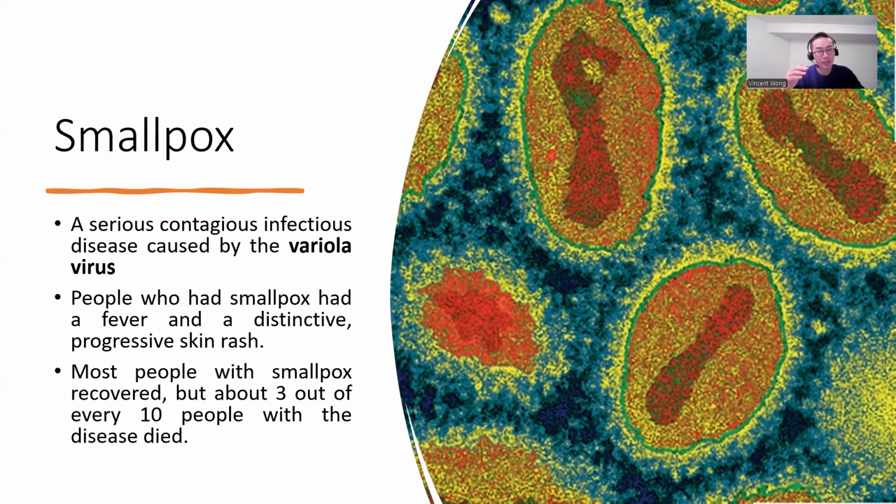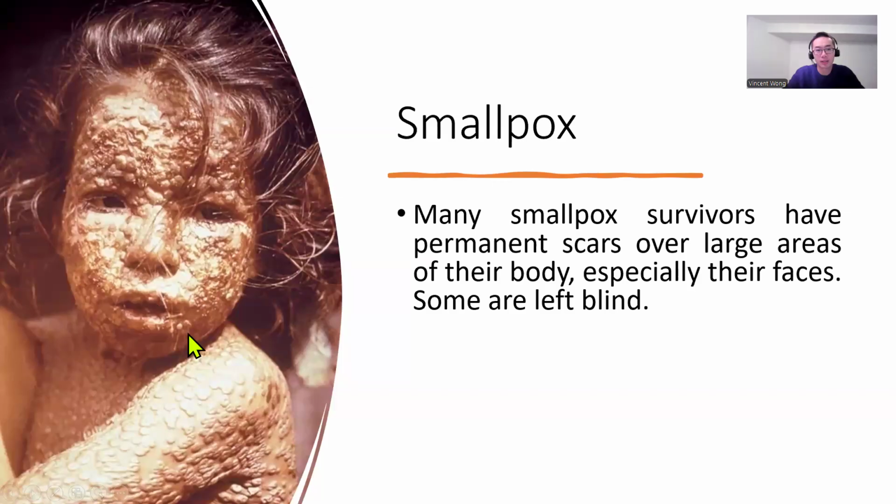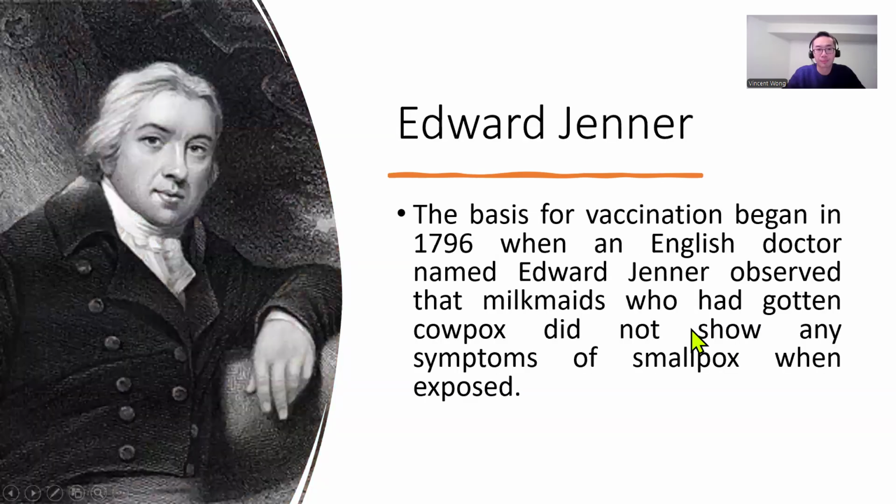It doesn't sound like a lot, 3 out of 10, but compared to other diseases, that's very high mortality. And even people who recover from it sometimes have very permanent scars. The next image is a little bit disturbing. Warning. So right here, this is a girl who recovered from it, and you can see the scarring is very extensive on the body, right? So it's not a good condition to catch.